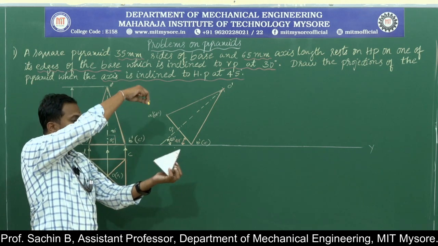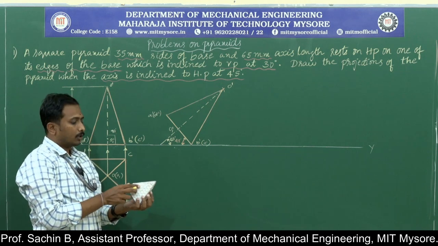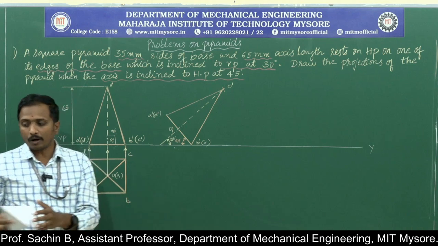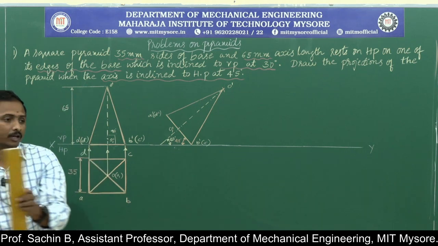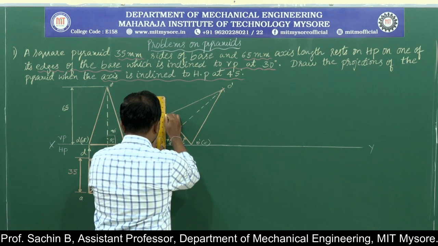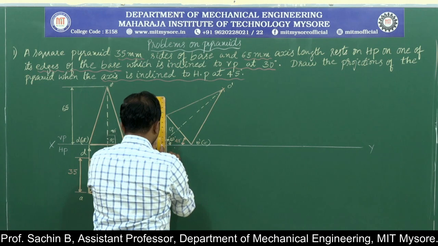Now, you people need to view the object from the top to write the top view of the object. Now, I am going to draw the projection lines first. Once drawing the projection lines is over, from A dash, I am drawing the projection line.